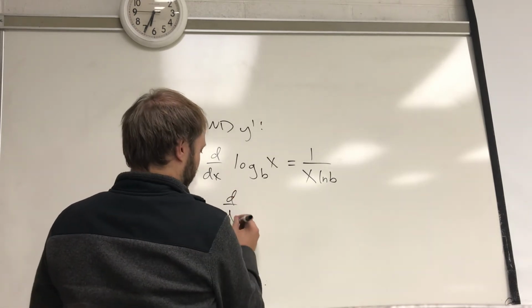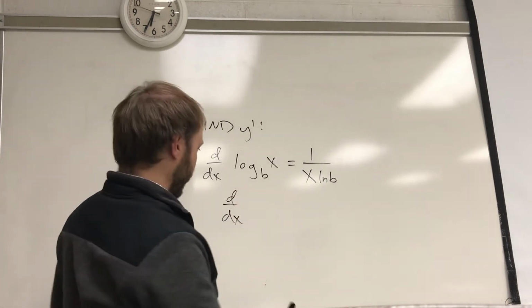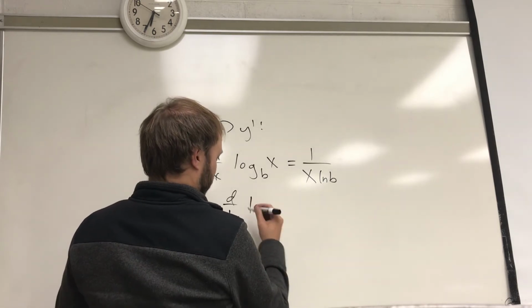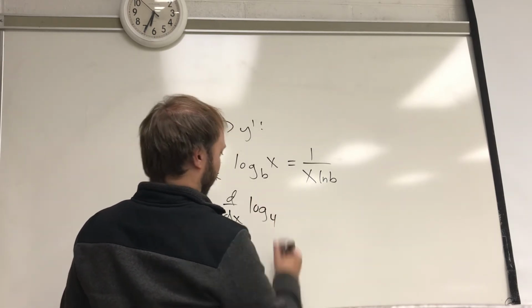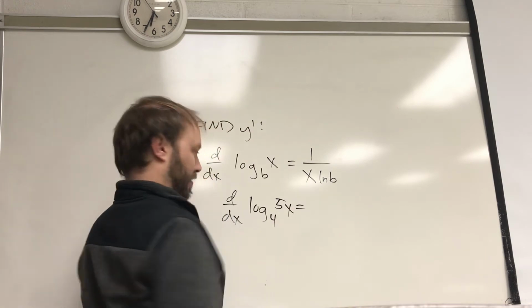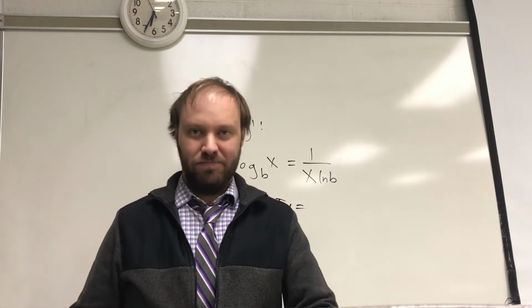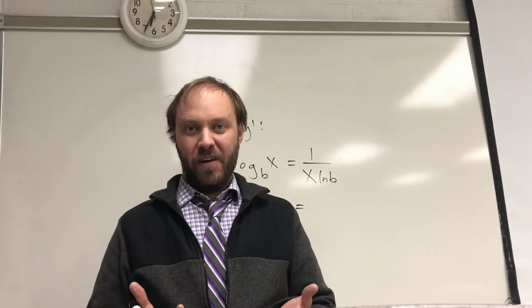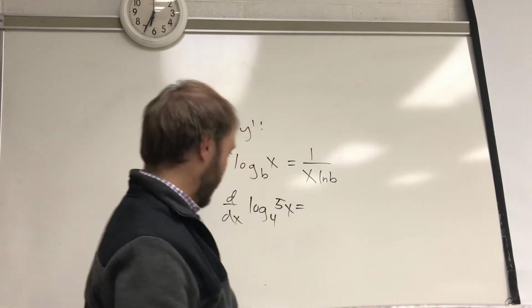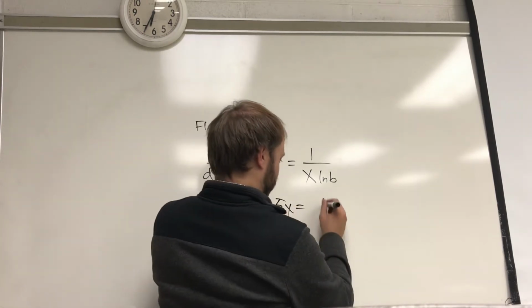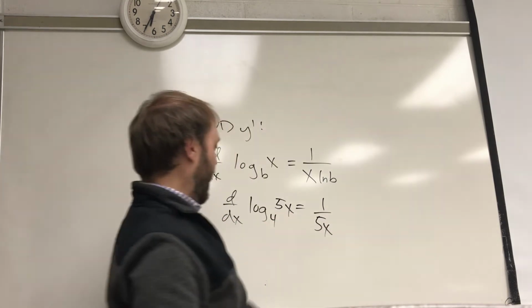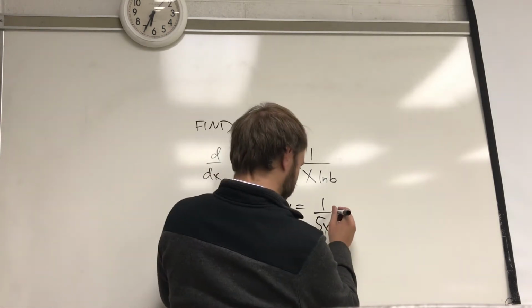Now, you still have to apply the chain rule and things like that. So if I have the log base 4 of 5x, for example, just like if you were taking the derivative of the natural log of 5x, you're going to have the reciprocal of the inside function. So 1 over 5x times the natural log of the base in that denominator.